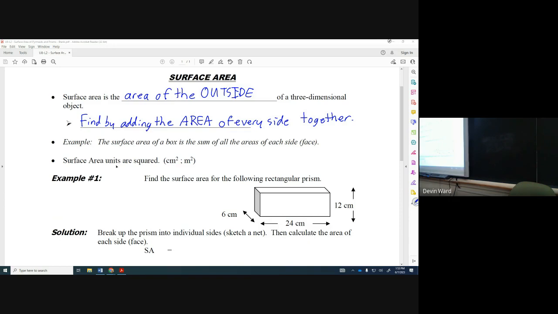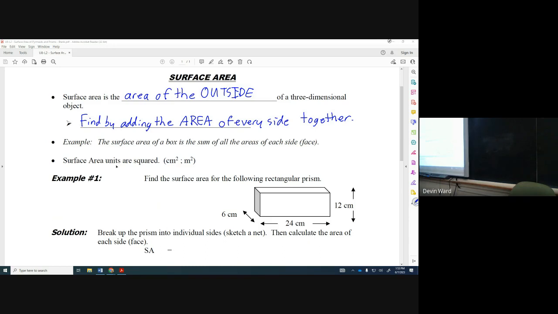Say you order something off of Amazon and it comes to you in a box. The surface area of the box will be the sum of all of the areas of each side or each face of the box. Okay? So it has the top, has the bottom, has the left and right sides, and the front and the back. Okay, so we have 6 sides to a prism. So you just find out how many sides there are and add up each area together. Okay?